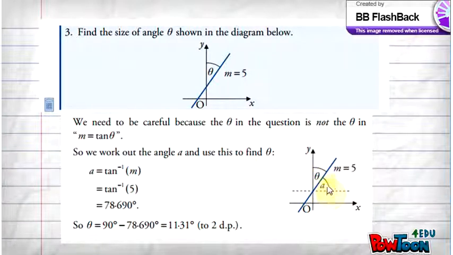The angle that the line makes with the positive x-axis is this angle here, A, which is the same as this one, its corresponding angle. So we find A by saying A is inverse tan of 5, because we're told the gradient is 5. We get A is 78.69, so theta obviously is 90 minus A, which is 11.31. Hopefully you got that.